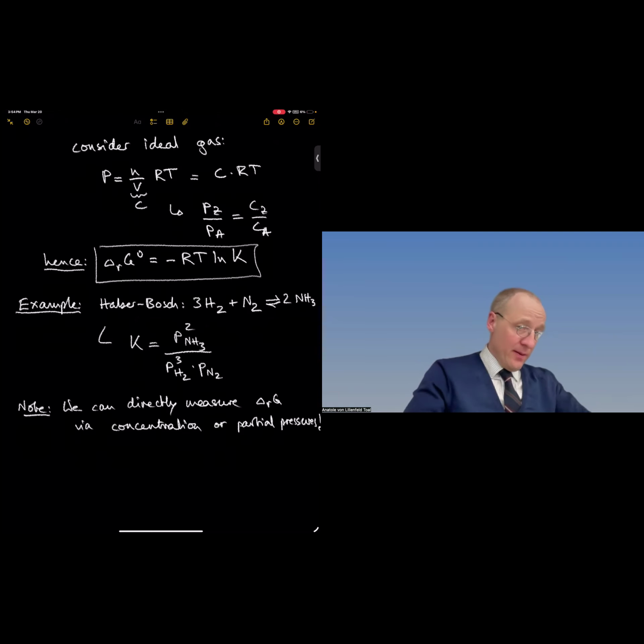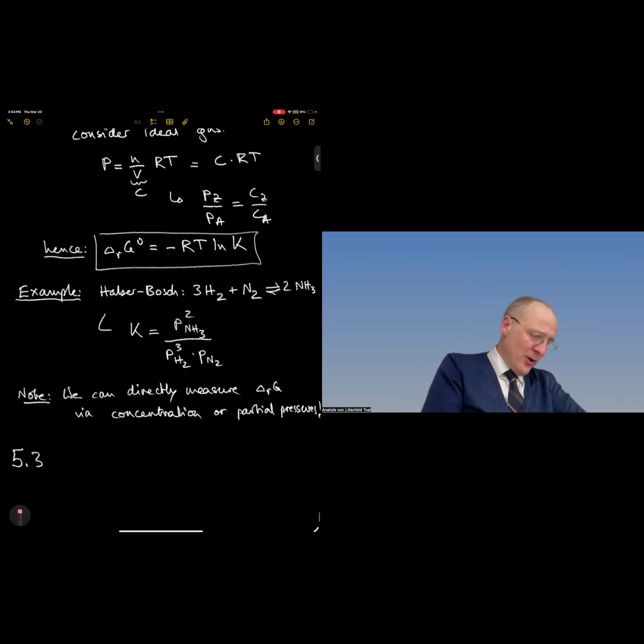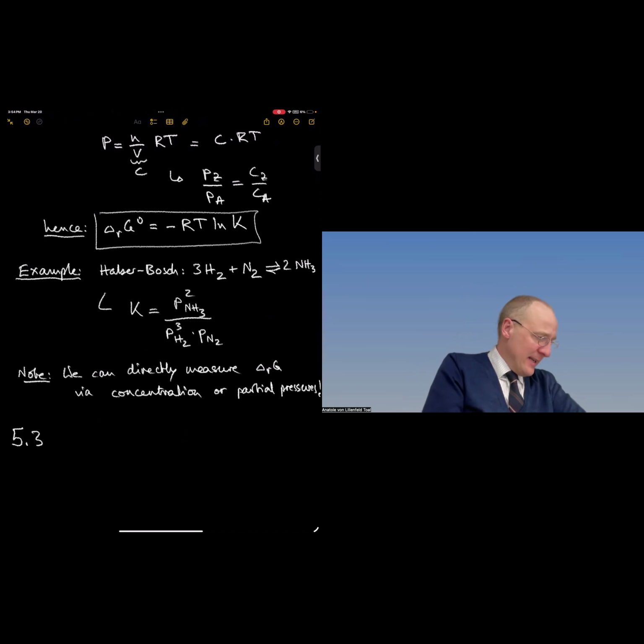So I'm done with this chapter 5.2. The next chapter, 5.3, will look a little bit more explicitly again at the link to our partition function.